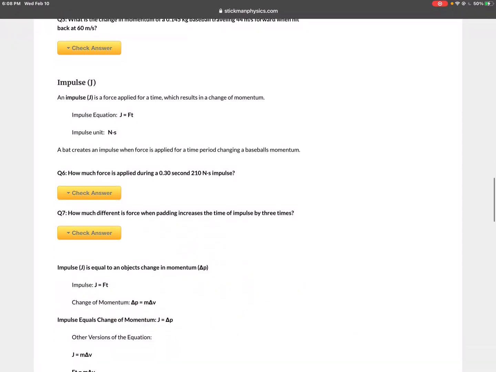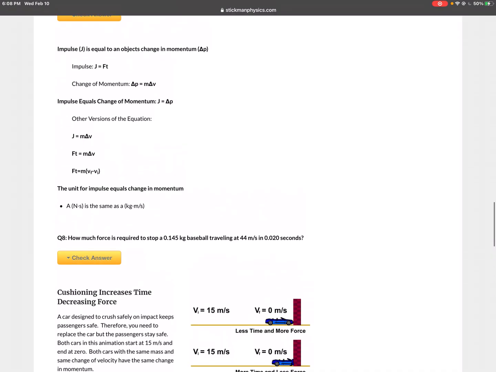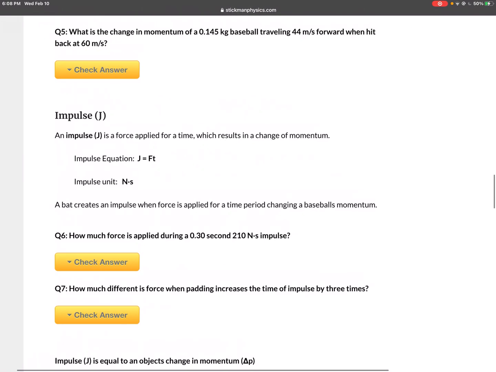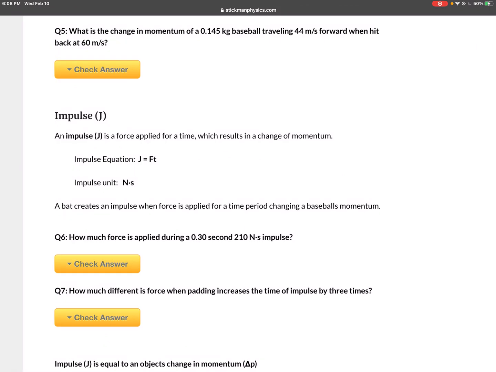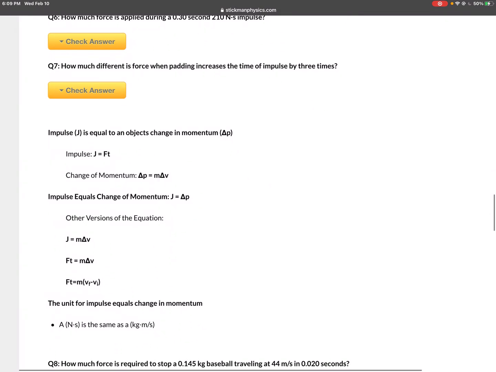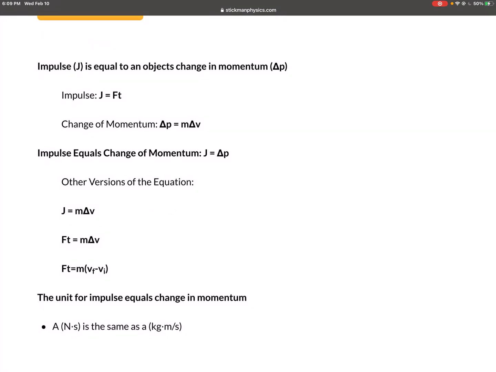Now, if we look at impulse and kind of review, impulse, in this case it's J, we used to say I, is equal to force times time. The units are Newton seconds. It's also equal to change in momentum. Our change in momentum is m times delta v.